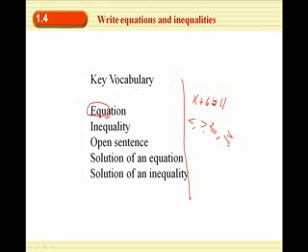An open sentence, and I'm on page 21 in your book. You're not there yet, page 1.4. An open sentence is an equation or inequality that contains an algebraic expression. Let me see if I can come up with an example of one of those.